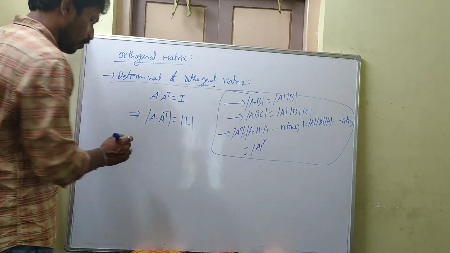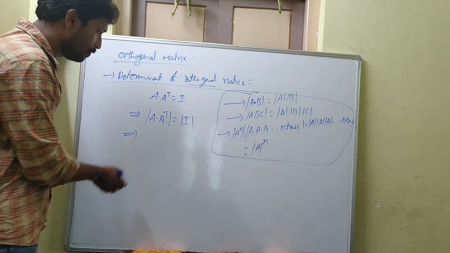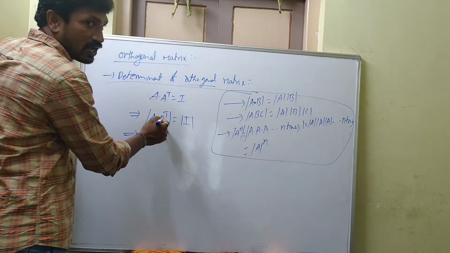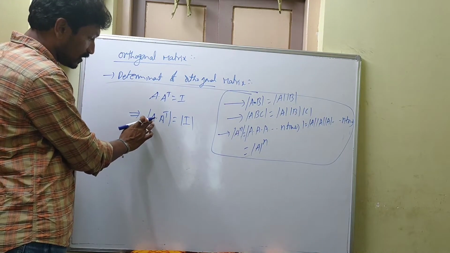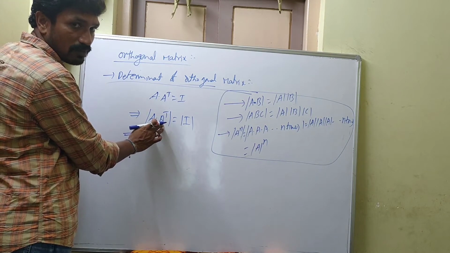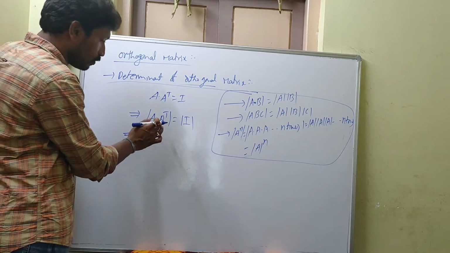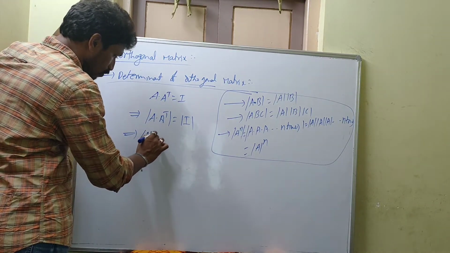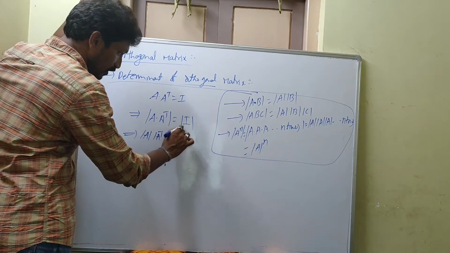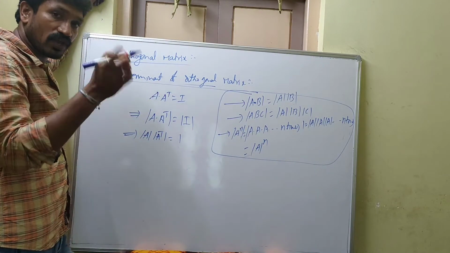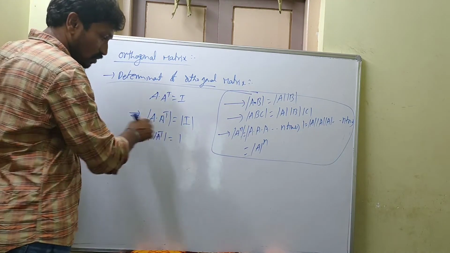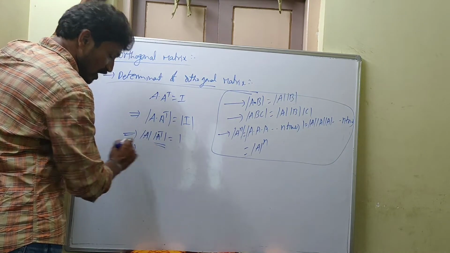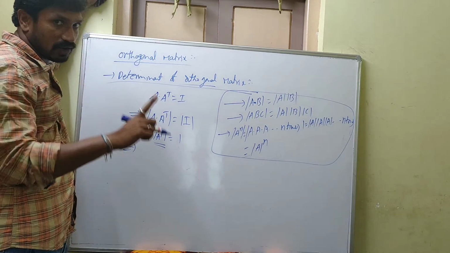Anyhow, now come to this problem. So det A into det A transpose, like A into B, here A transpose in the place of B. Then what can I write? Det A into det A transpose is equal to det I, value 1. Determinant of any order of identity matrix or unit matrix is equal to 1. So already we know that determinant of A transpose is nothing but determinant of A only.